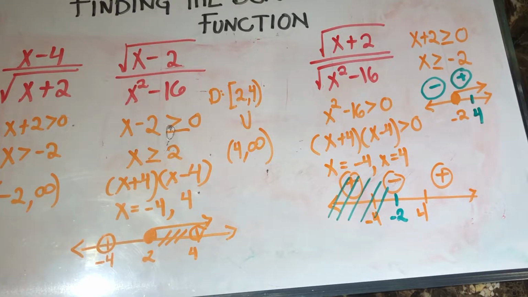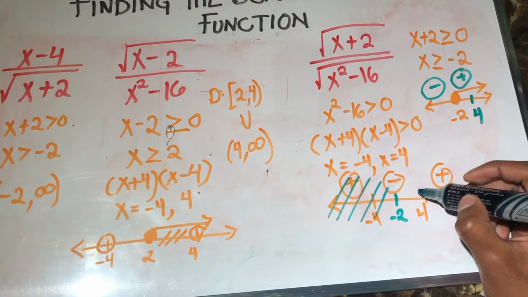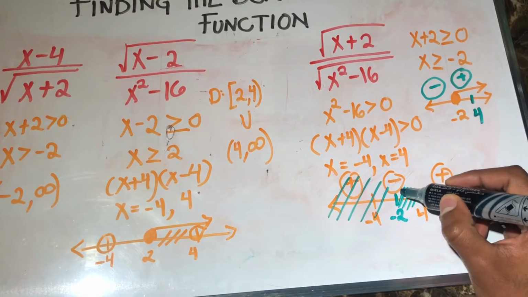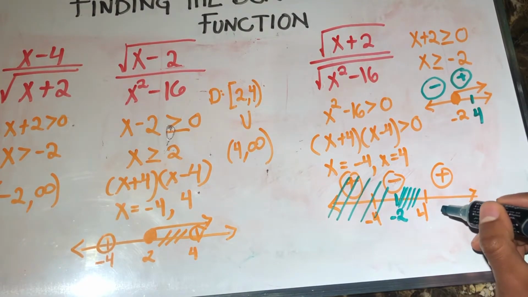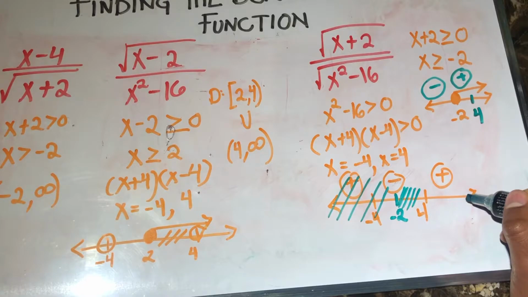If you encounter a problem where you have a square root in the numerator and the denominator, it's easy to construct two number lines and find a section where both number lines overlap. So since this region is unneeded, the domain is simply going to be from 4 to infinity.